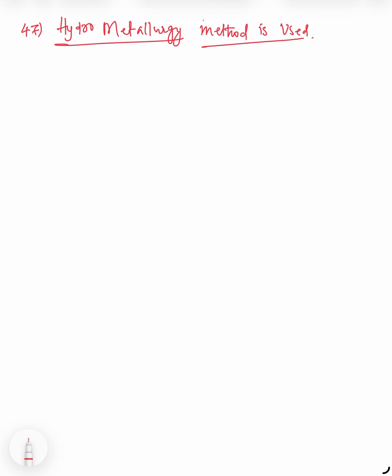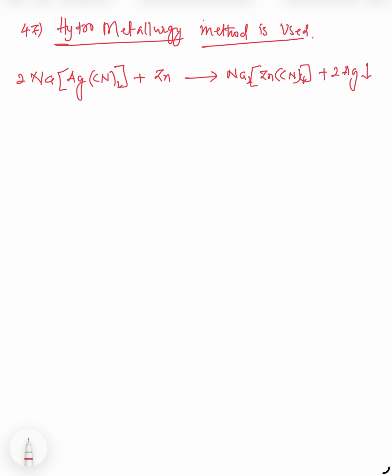The reaction is 2 Na[Ag(CN)2] plus zinc gives Na2[Zn(CN)4] plus 2 Ag. Silver is precipitated, right?